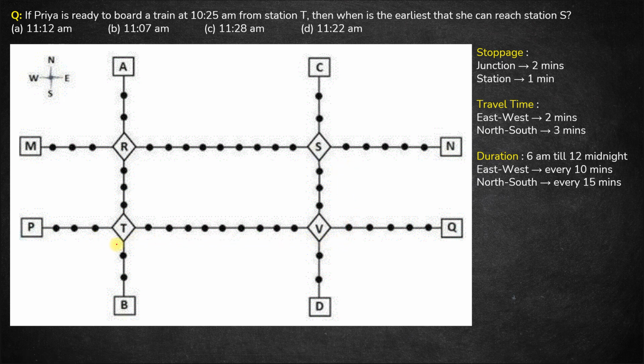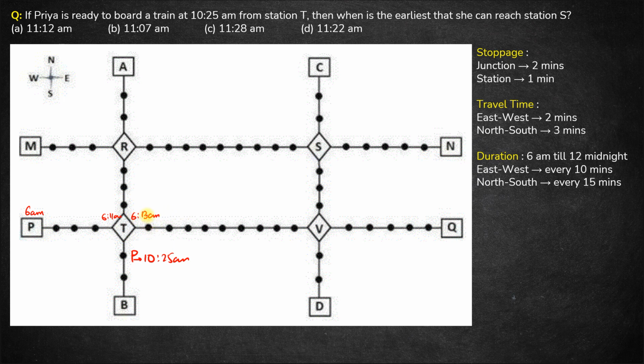So if Priya reaches T at 10:25 am, a train starting from P at 6 am will reach T at 6:11 am. We calculated this for M and R, so the same is going to be the case for P to T. And this train reaching at 6:11 am will depart T at 6:13 am.